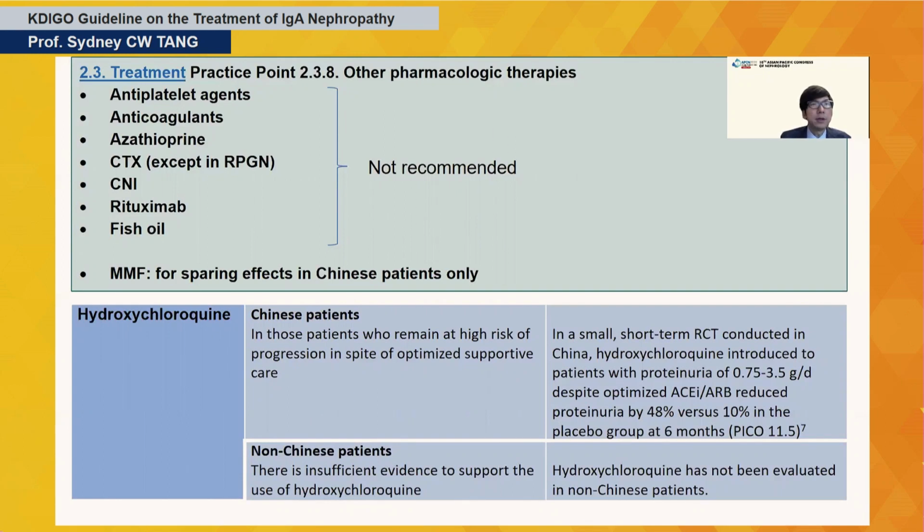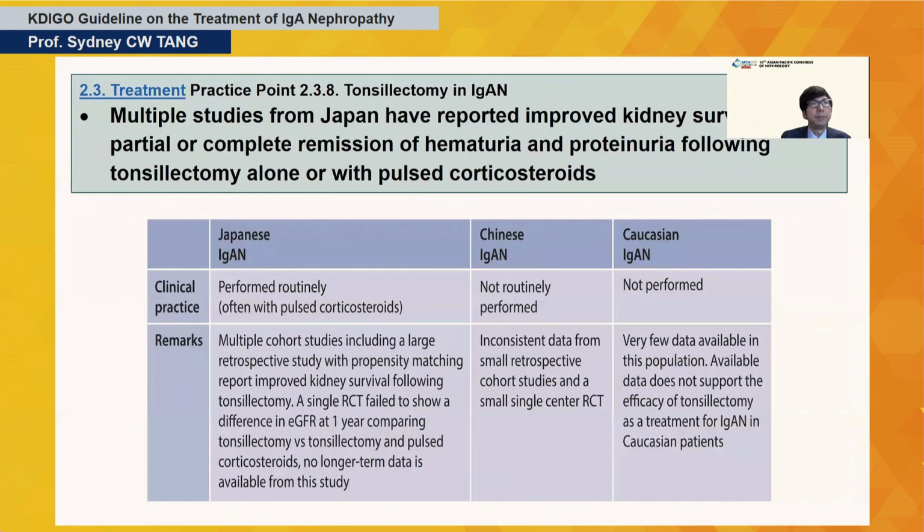Okay, now the next treatment recommendation is actually also a practice point on a special population, the Japanese population. This is a practice point 2.3.8 regarding tonsillectomy in IgA nephropathy.